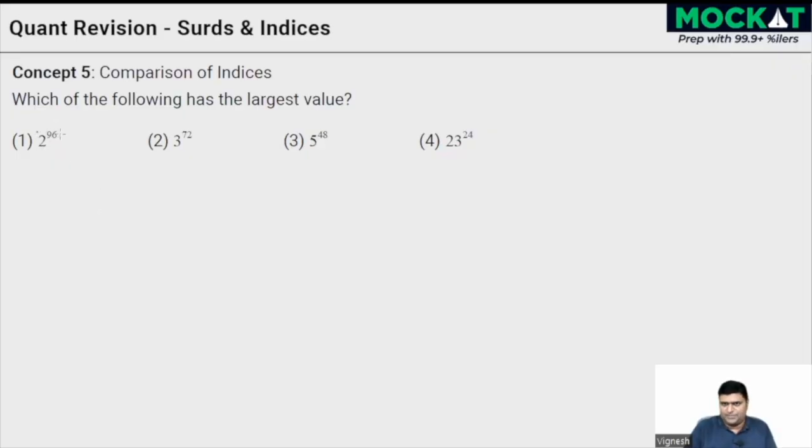So each of these powers, I would like to divide by the HCF of 96, 72, 48, 24. The HCF is 24. Divide by 24 everywhere. What are we getting over here? We're getting 2 cube, 3 power 1, 5 power 2, and 2 power 96 by 24 is 4.